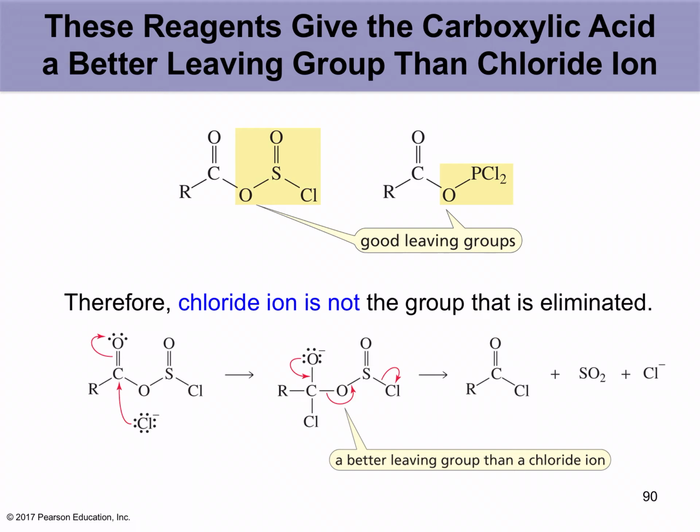These reagents give the carboxylic acid a better leaving group than chloride ion. Chloride ion is not the group that is eliminated.